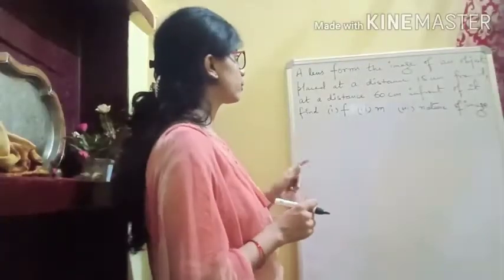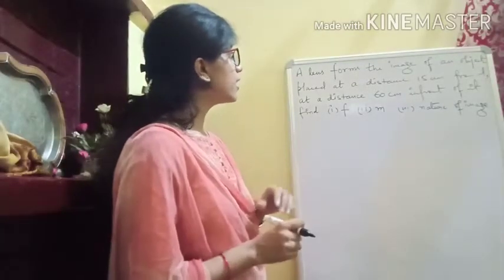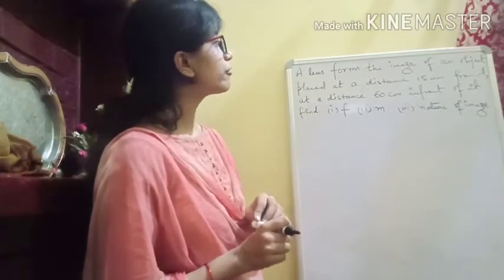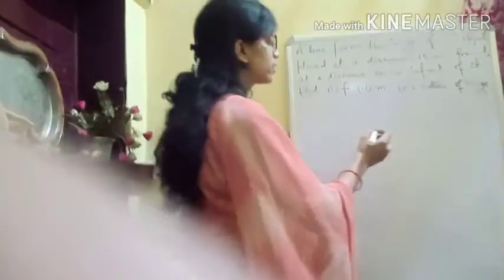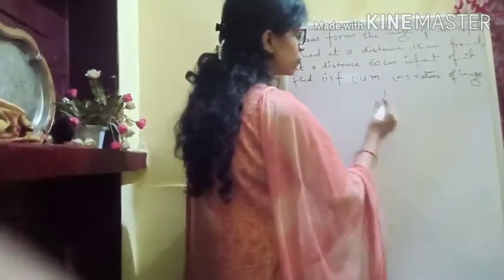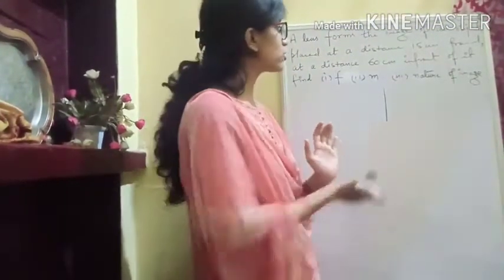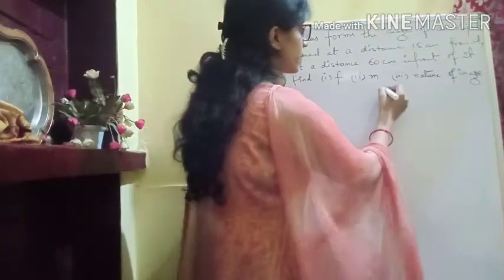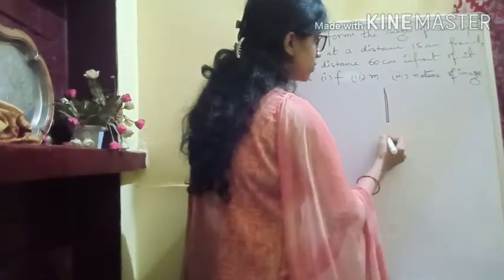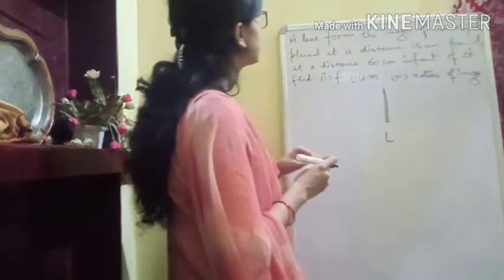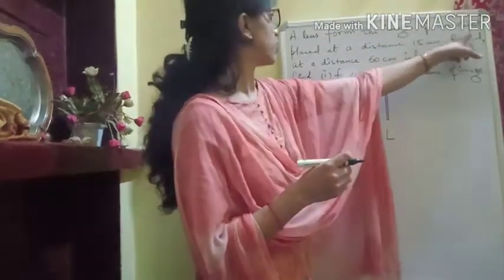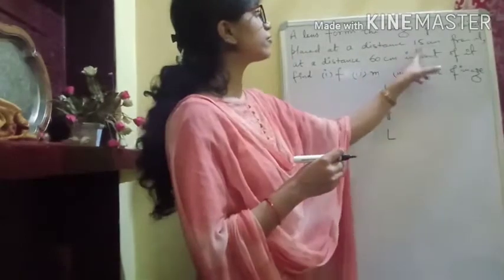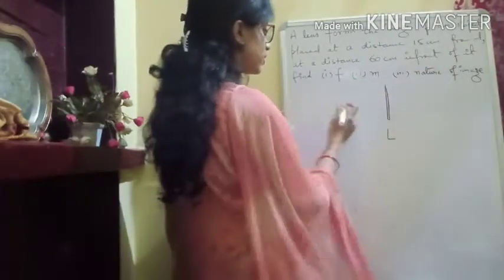Here I have taken another question. A lens forms the image of an object placed at a distance 15 centimeter from it. So there is a lens. Just now we don't know which lens we are using because it is not given, so I am just using this sign for our lens. Let us say this is the principal axis.